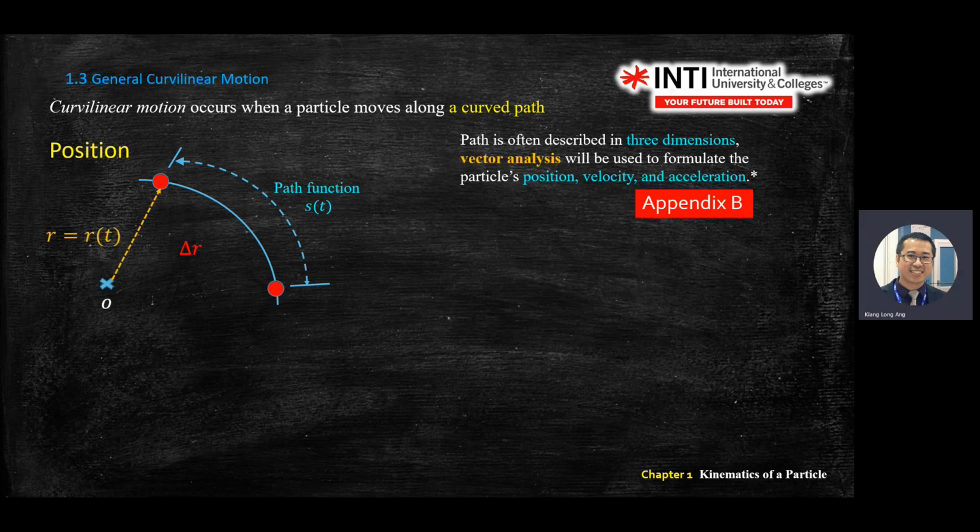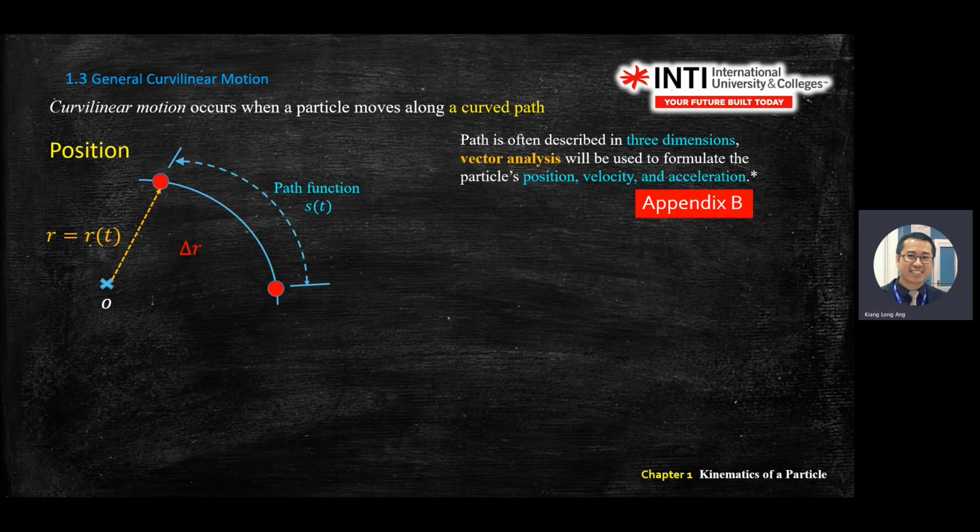Since the curve is actually a circle, you have a radius. For curvilinear motion, if you have this curve, where is the r? The r will always point inside the curve, not outside.